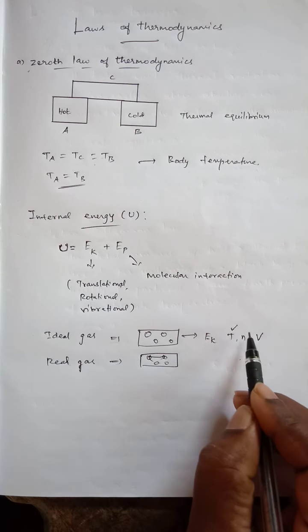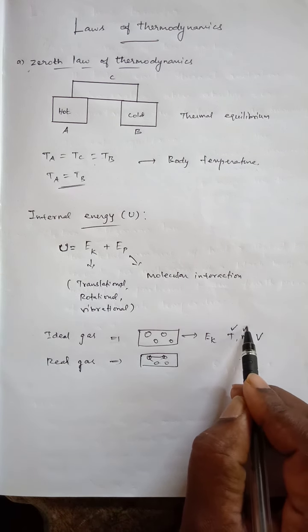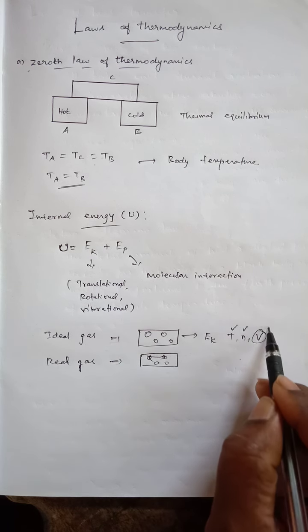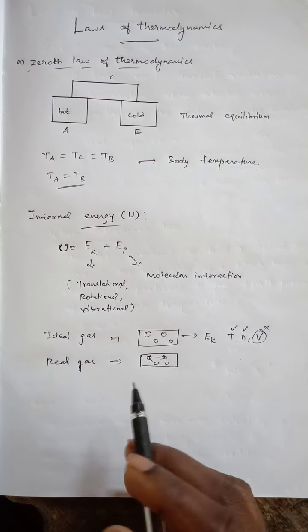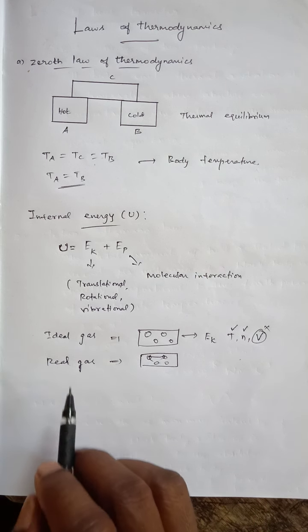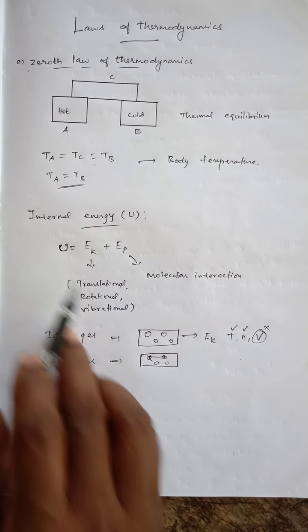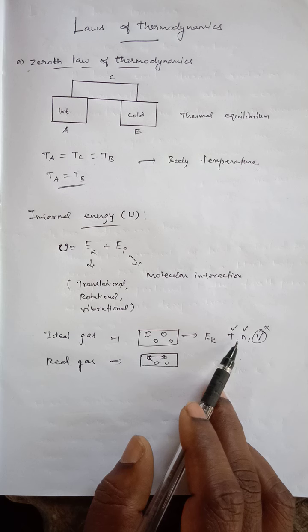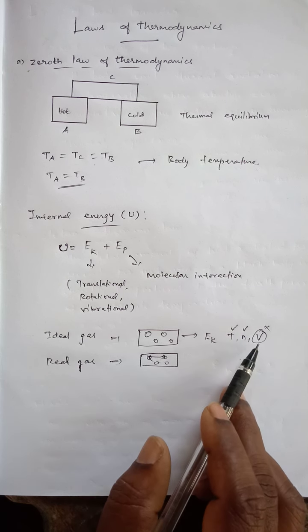Volume is not a factor, because volume only changes the size. So for an ideal gas the internal energy depends only on the temperature and number of particles, and is independent of the volume.